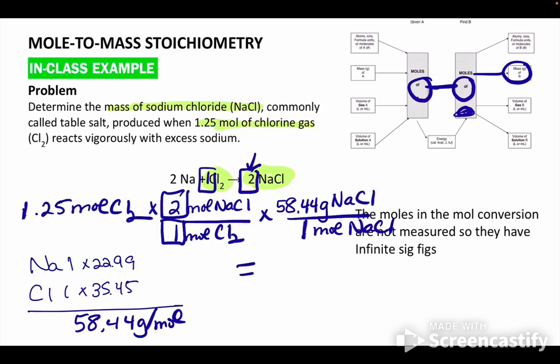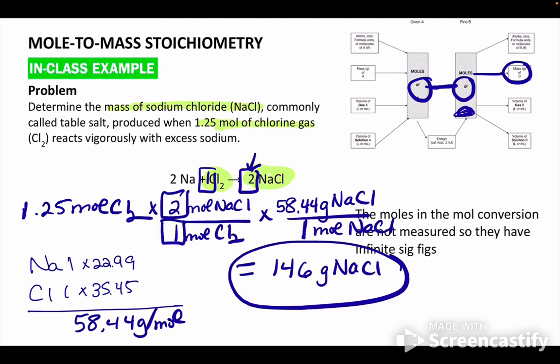I want to think about my sig figs and my unit, and I get 146 with 3 sig figs grams of sodium chloride. So just a reminder, the moles that are in the mole ratio have infinite sig figs. So really, I'm only looking at my starting 3 sig figs, and I'm going to end with 3.